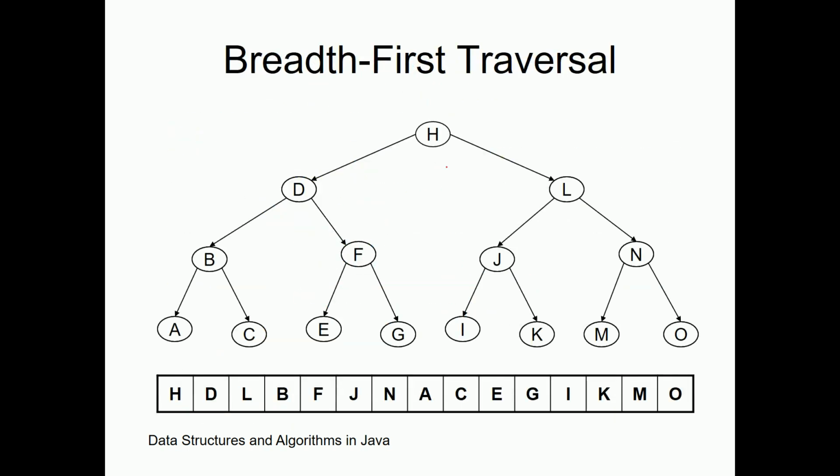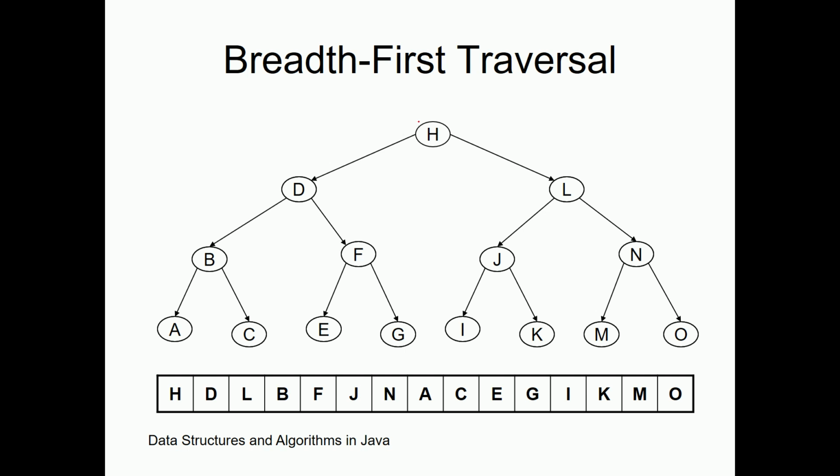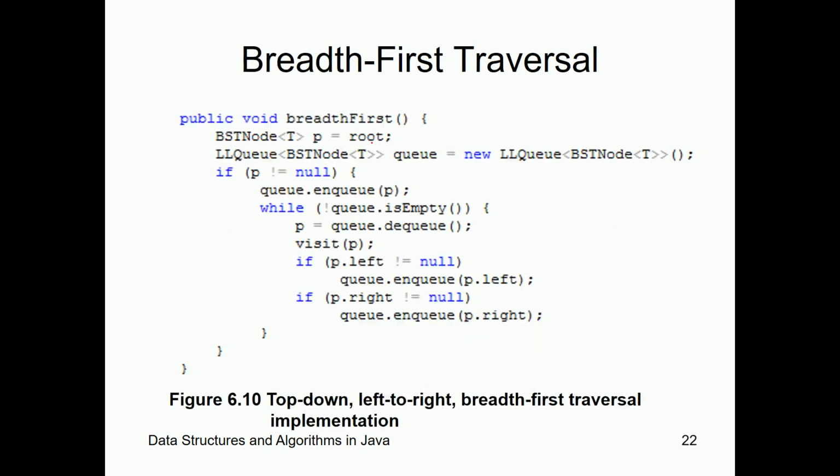How do we implement something like that? This is an example of the implementation of a breadth first. How can I have something that is going to be breadth first? So I'd like to look into that and make sure that we understand how this works. So we have this, P is the one that is going to be our root.